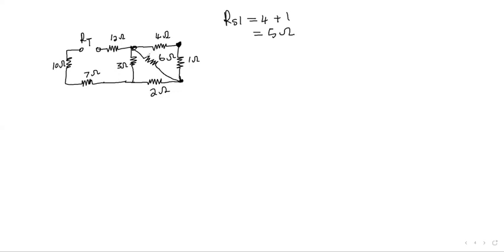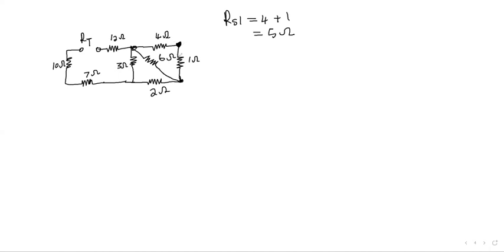So someone might say, why is it done that way? Why is it not 2 ohm and 3 ohm in series? 4 ohm and 1 ohm are connected at one point, correct?